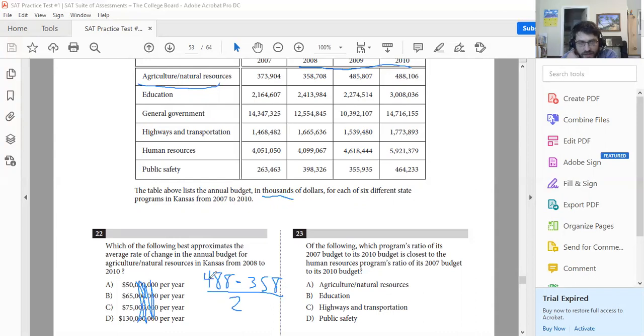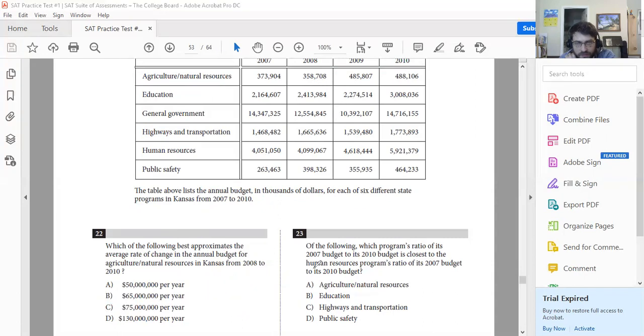If we subtract that, 48 minus 35 will be 13. So we have 130 divided by 2 is 65. Our answer is 65 million per year, our average rate of change between 2008 and 2010. Let's clear that out.